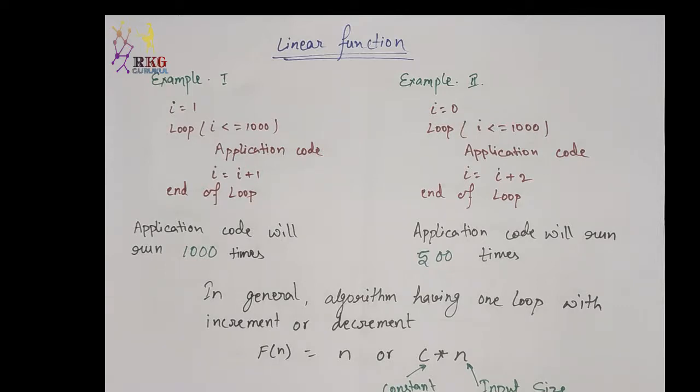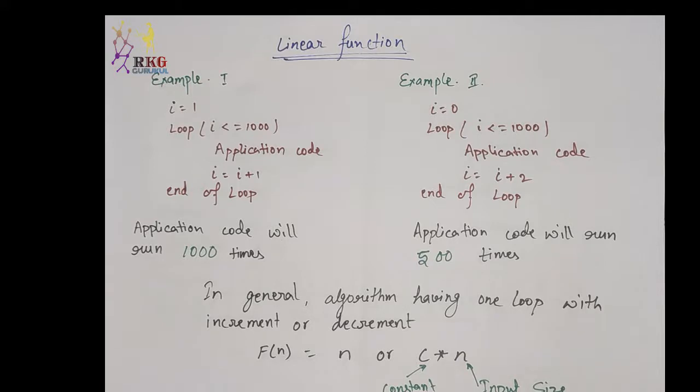The efficiency is directly proportional to the number of iterations. If the value of n is higher, then definitely the application code is going to run more times, and if the value of n is small, then the application code is going to run fewer times. So this function is directly proportional to the input.